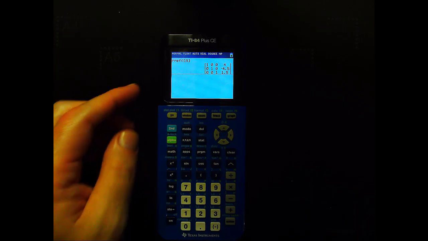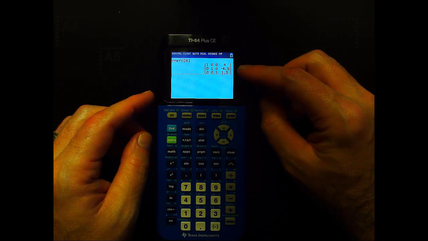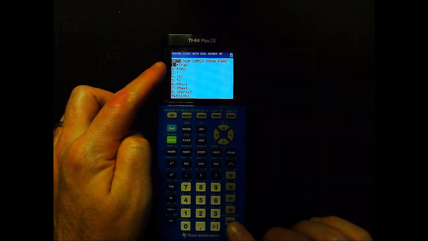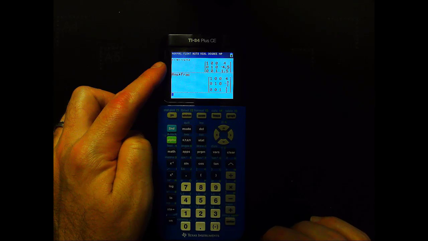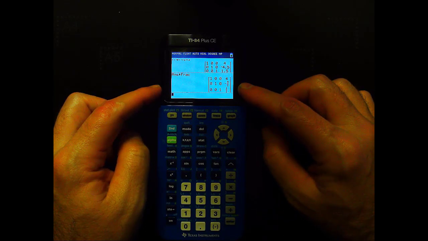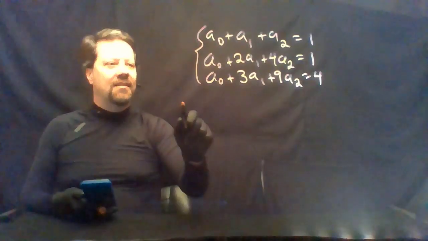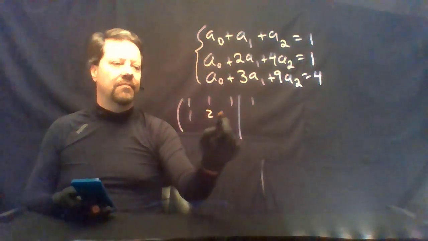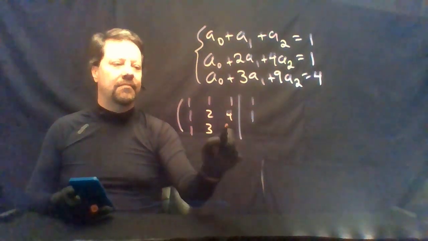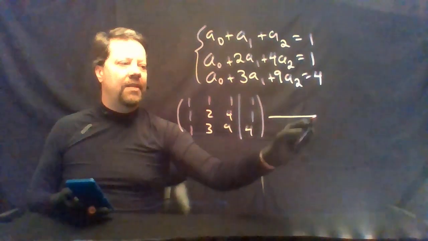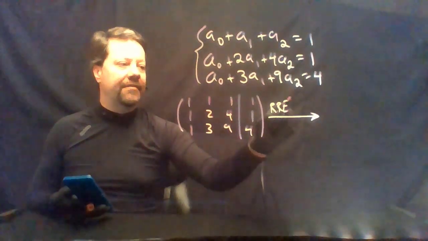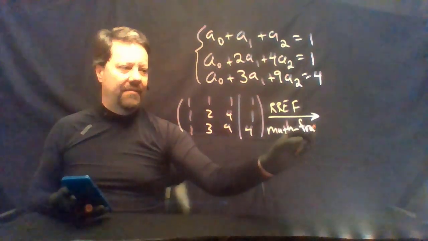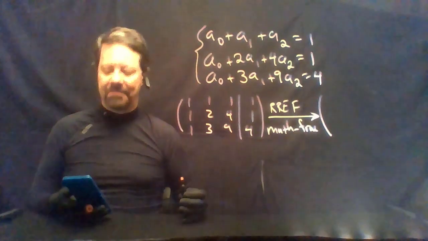Notice that we have these nasty fractions. I want to get rid of those fractions. And so what we'll do is we'll hit math and then frac and then just enter. That converts everything into nice fractions for me. I put the augmented array into my calculator and hit RREF, and then math frac to produce fractions after that.